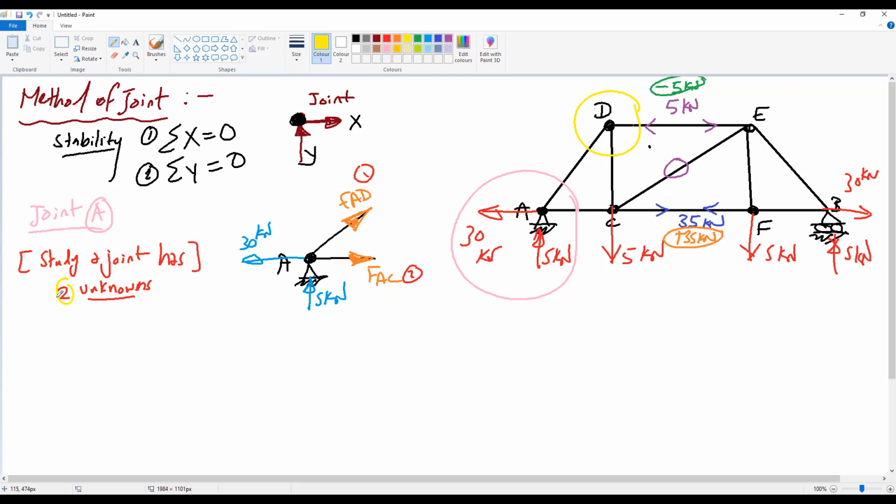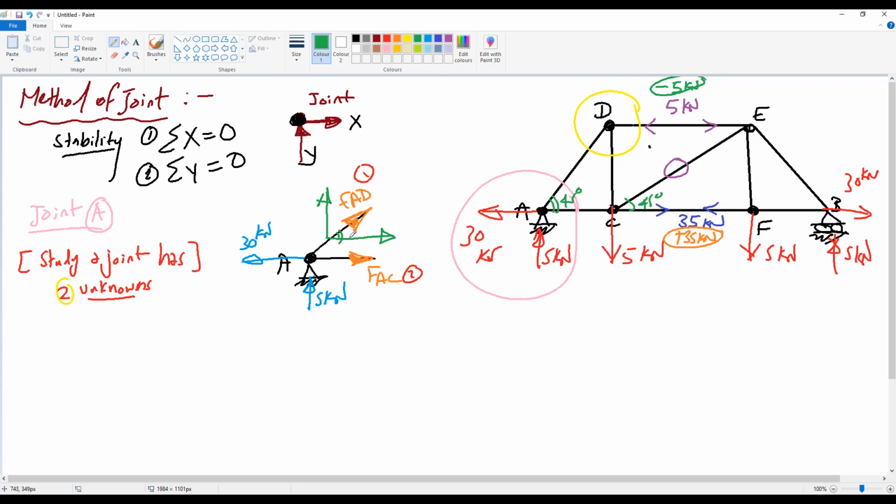Okay. So now we return back to our joint A. How to deal with joint A? At joint A, we still have one inclined force. We cannot deal with inclined forces, so we need to get its 2 components, because all the angles here are 45 degrees since all the members are 2 meters.